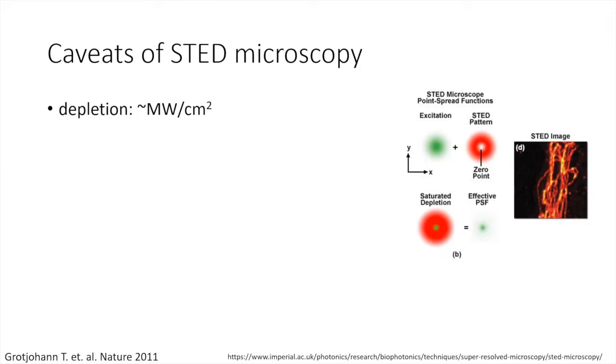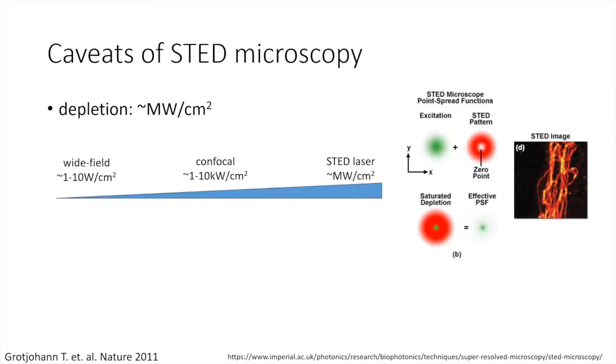Of course, every technique has disadvantages. The biggest disadvantage of STED is that it uses very strong power to deplete your fluorescence. The STED beam for depletion is megawatts per centimeter squared. Going back to the information I provided before, from widefield to confocal to STED is about a 1,000-fold increase.